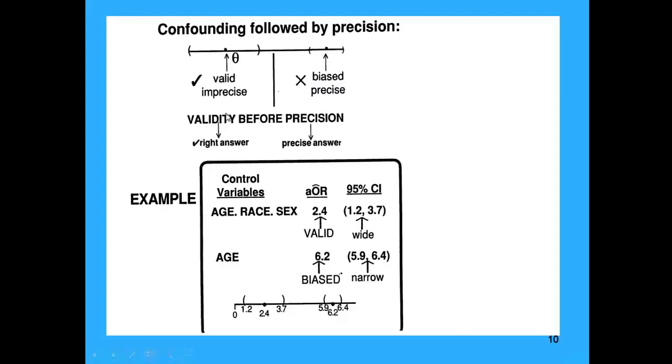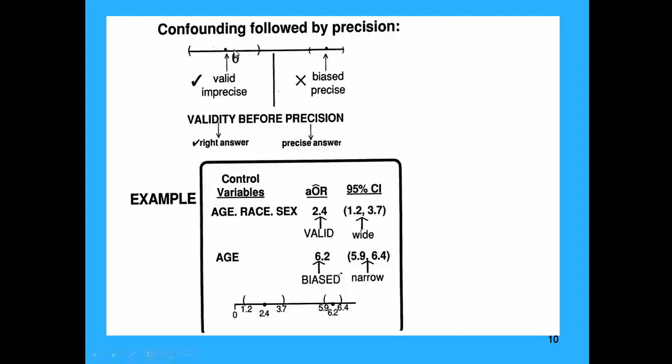Now, what this picture shows is a situation where the true odds ratio, or this true parameter that you're trying to estimate, I'm calling it theta, but it's really an odds ratio. So suppose the true answer, the true result that you really want to get, if you actually had everybody that you could study, the entire population, is right here on this line.